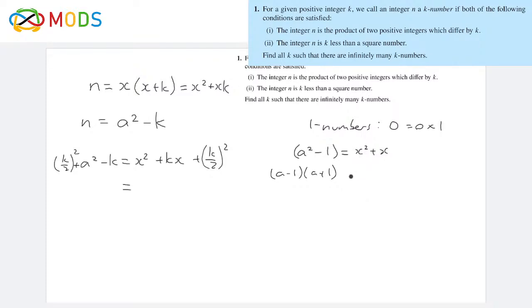Basically, if x is a one number and a is the next number, the left side is still way bigger than the right side.